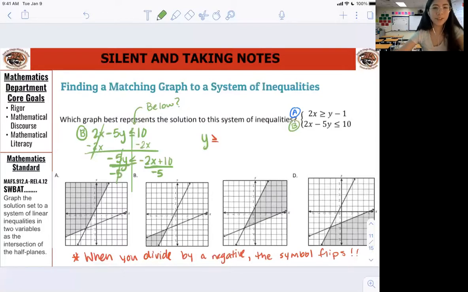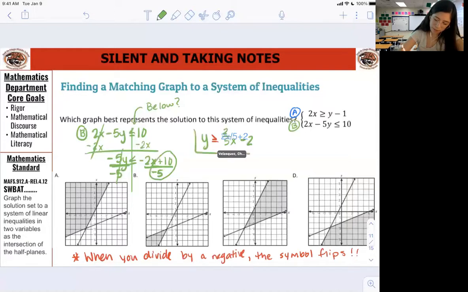So here we go. We're going to now get our final answer. That's going to be a fraction, but a negative divided by a negative is a positive. So I have 2/5 x, and then 10 divided by negative 5, that's going to be negative 2.